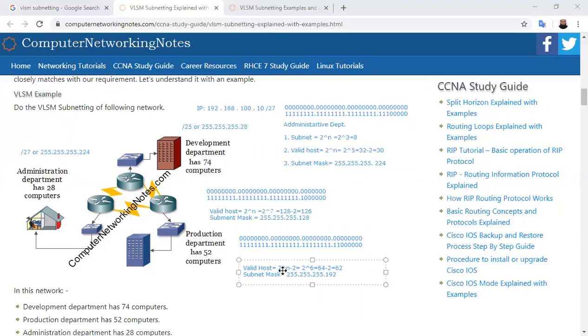So what is the result of this? If you do it like this, it's okay, or if you do it like this one, slash, that means there are 8 into 3, 24, 25, 26, so slash 26, or you can write 255.255.255.192.